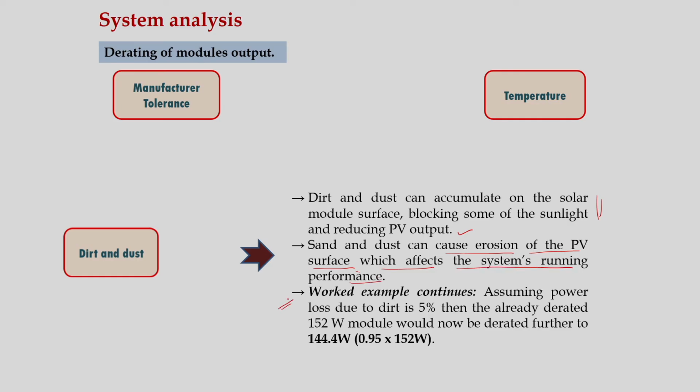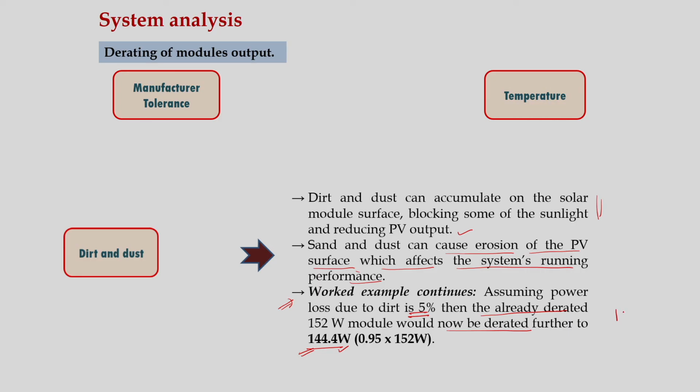If we consider 5% losses in this case, and continue with the problem we initiated in the last slide, we will get a value of 144.4 watt, because the module is already derated by the manufacturer tolerance.